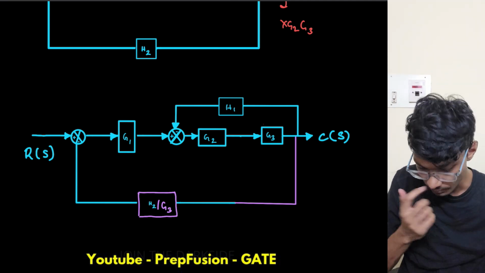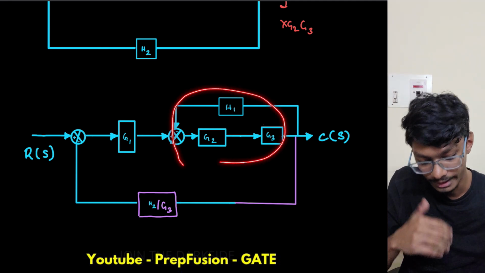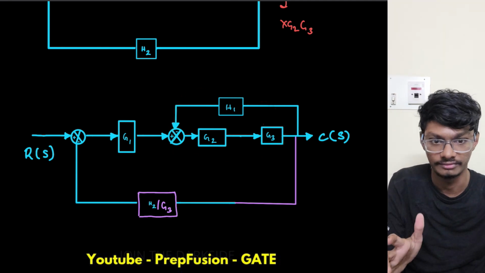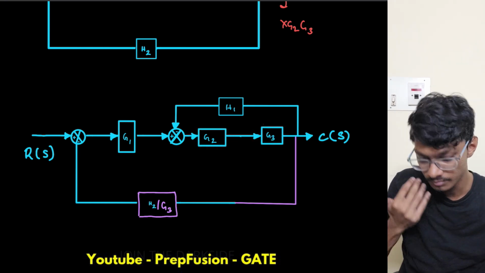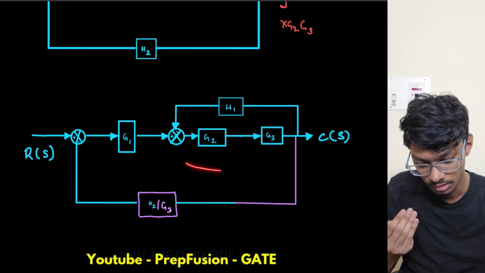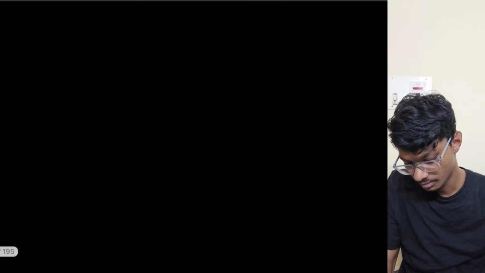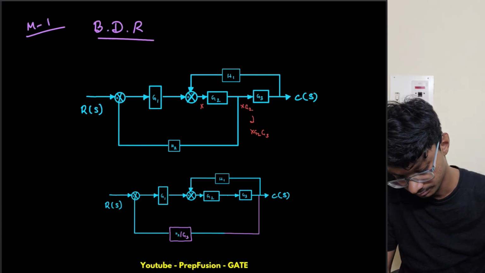Now I can simply use the negative feedback loop and replace this. Firstly, this is in cascade, so they will become g2 times g3. Now I will use the negative feedback.